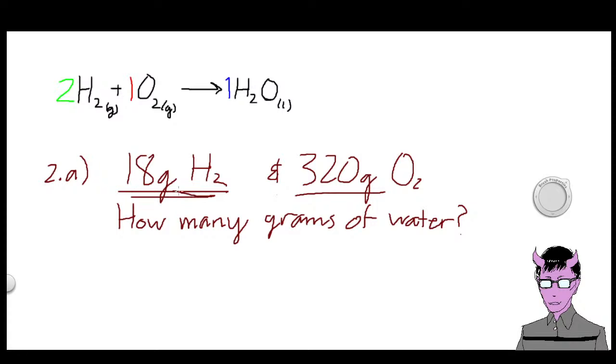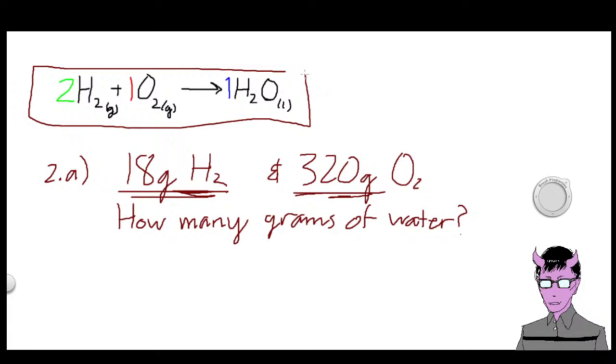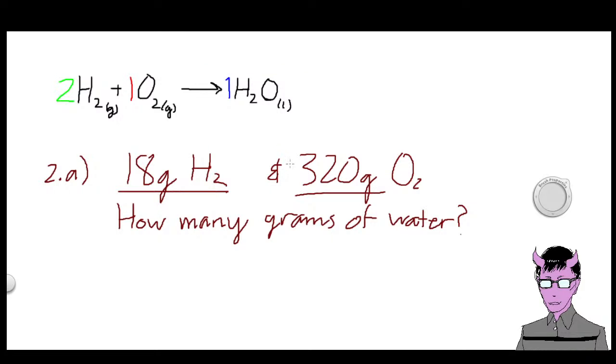We have grams. Remember, that's not actual counting pieces. In order to use this recipe, you need to work with actual counting pieces and not grams. The short explanation is that different atoms have different masses. So one oxygen, for example, is not equivalent to one hydrogen. That's pretty much the small explanation.